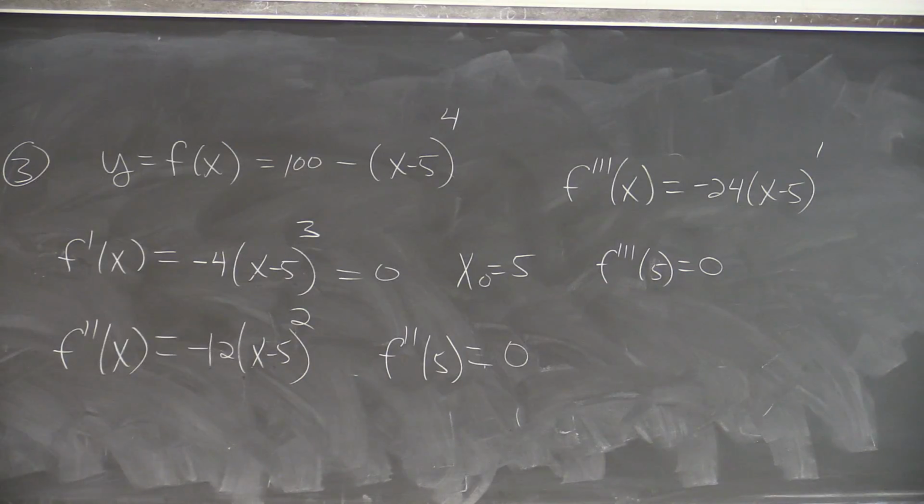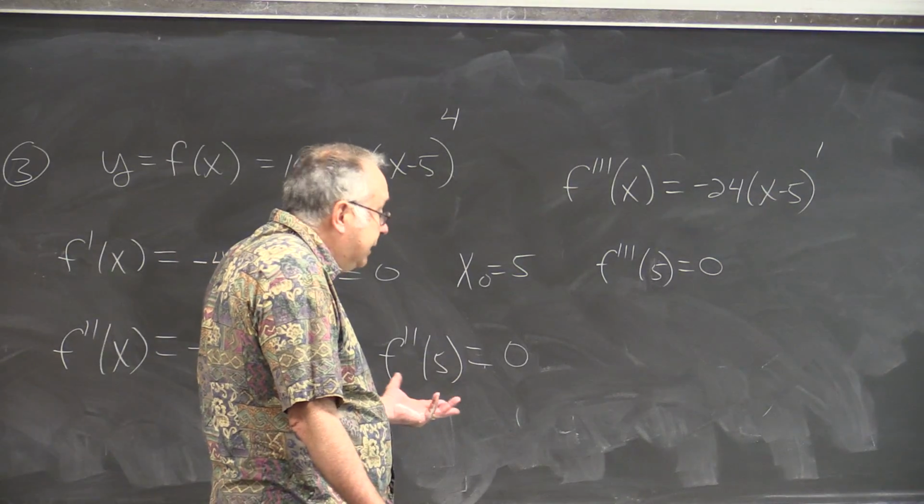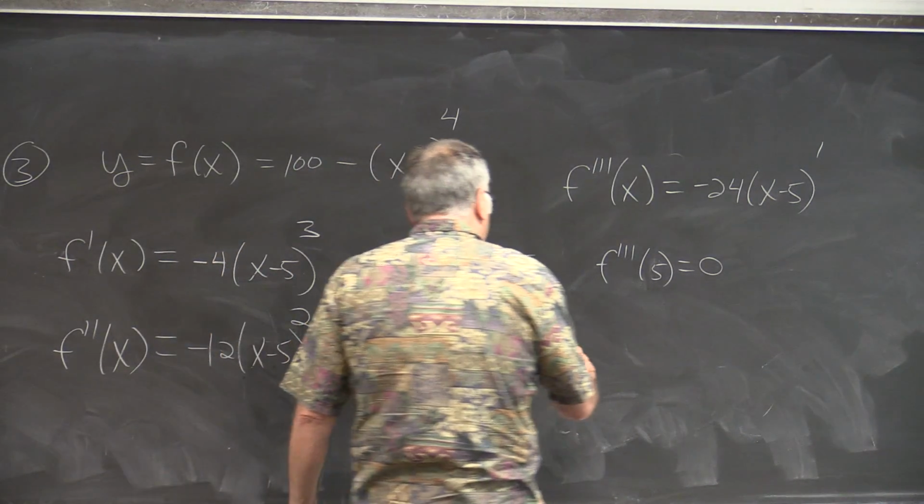Now, had this third derivative at the critical value of x not been 0, then we would have had an inflection point. If the first non-zero derivative is of an odd order, that indicates an inflection point. But in this case, it's 0. So we've got to go on to the fourth derivative.